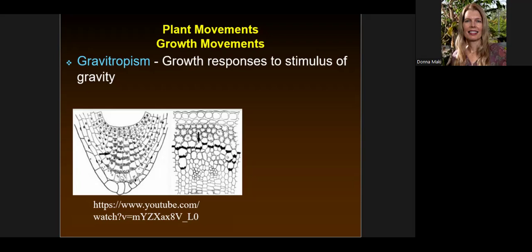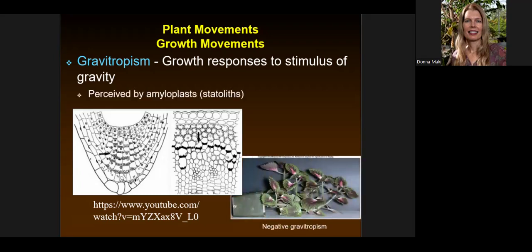A lot of debate about this over the decades. Basically, what they're saying currently is, did you look at amyloplasts in lab? You looked at amyloplasts.